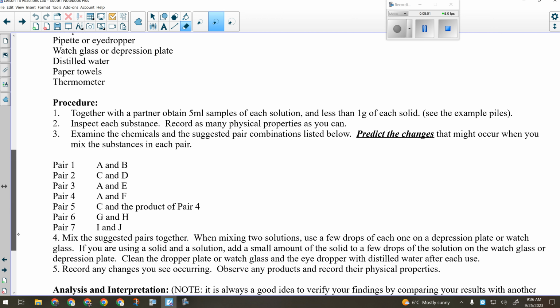What do you suppose, as the experimenter, you will be watching for each time you mix things together? Since this lab is all about chemical reactions and the signs thereof, what should we be looking for? Like color change and precipitate forms? Right.